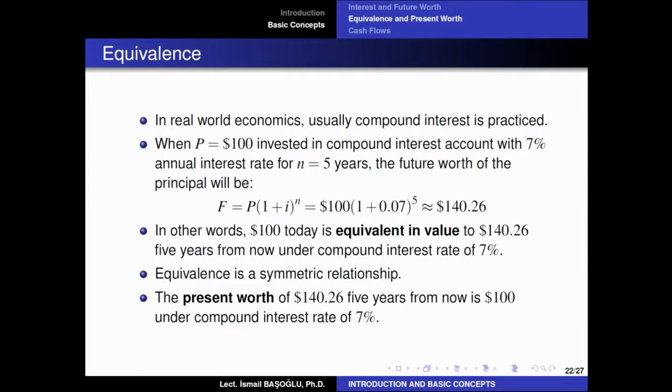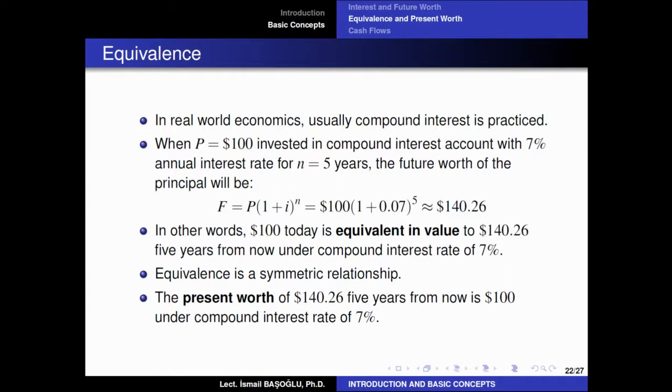Now I am going to ask you the same question that I asked at the beginning of this week's class. Either I am going to pay you $100 today, or, as the second option, I am going to pay you $140.26 5 years from now. Which one would you choose? Now, your answer should be, it doesn't matter.